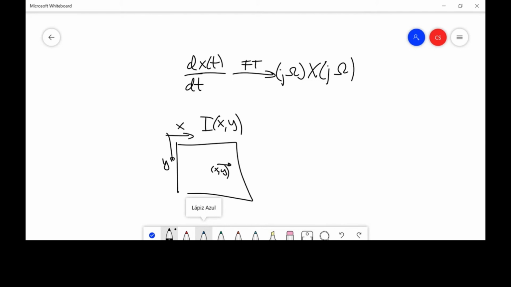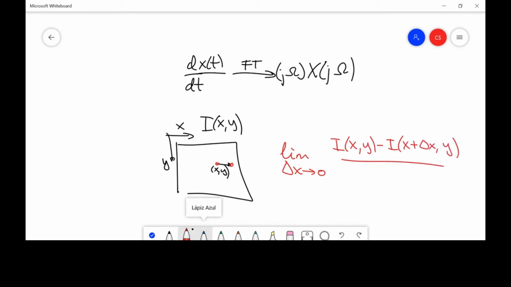So I want to compute the derivative with respect to that direction. So what I will do is I will take 2 points. It will be the limit when delta x goes to 0 of I of x, y, minus I of x plus delta x, y, divided by delta x. Do you agree?